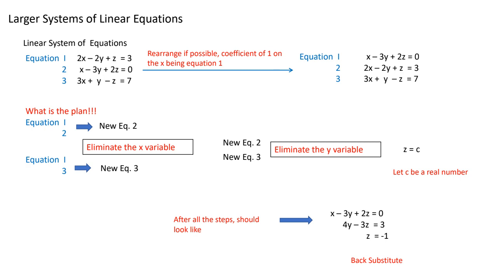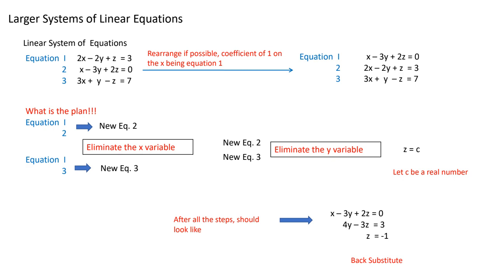To solve for larger systems, one of the easiest ways, though you don't have to do this, is to rearrange the equations so that the equation with a coefficient of one on our x value is first, and the others follow suit.